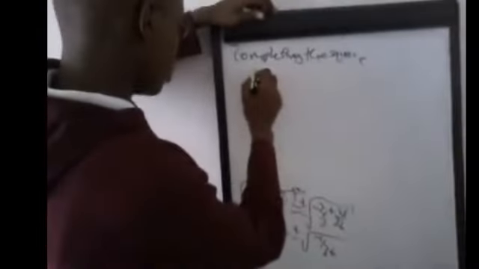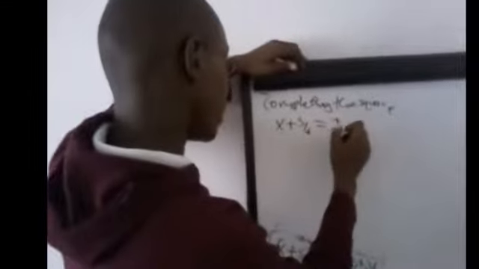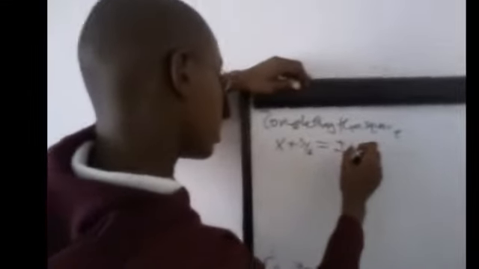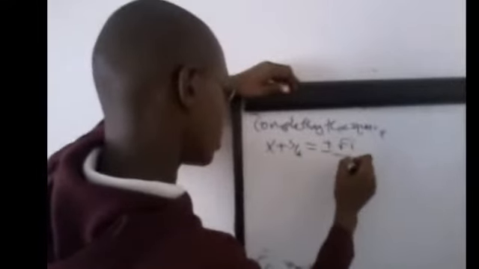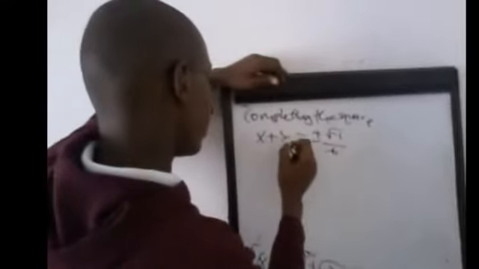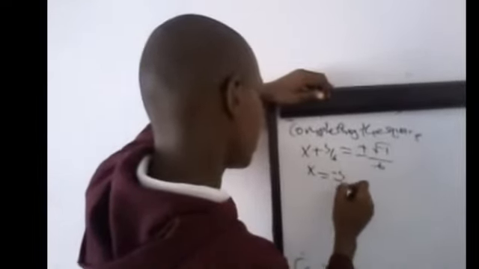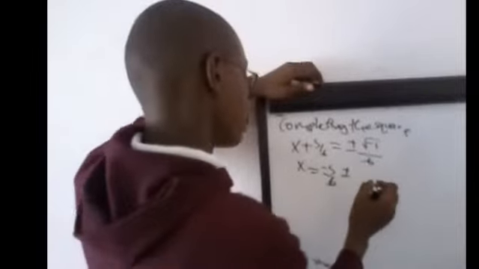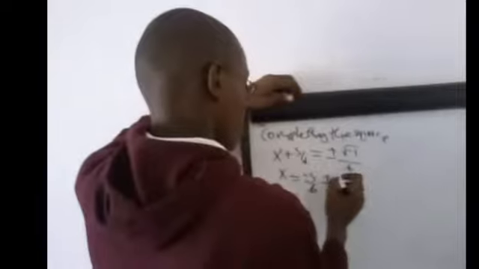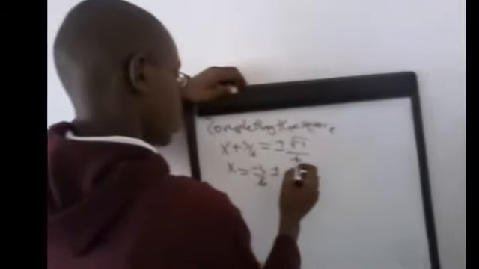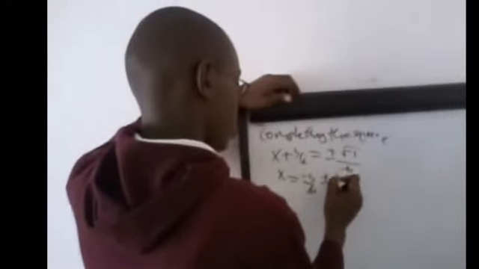So it will be x plus 5 over 6 equals plus or minus 1 over 6. We take 5 over 6 to that side, so x equals minus 5 over 6 plus or minus 1 over 6.